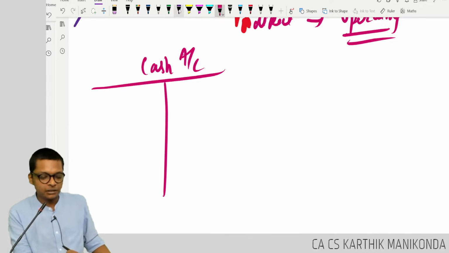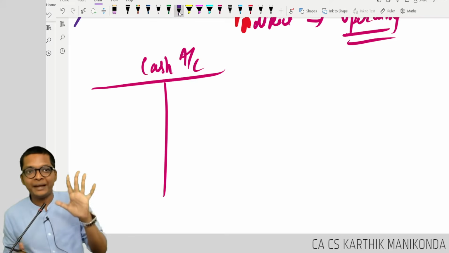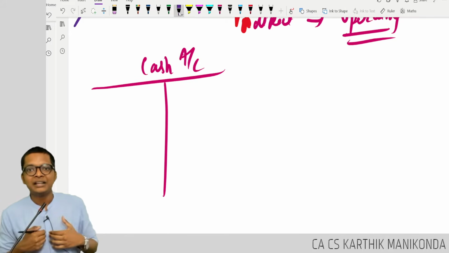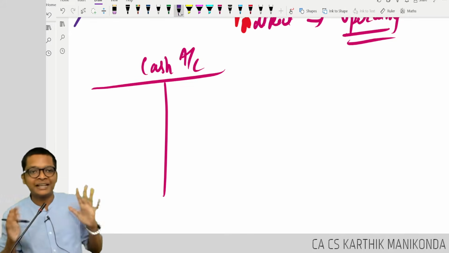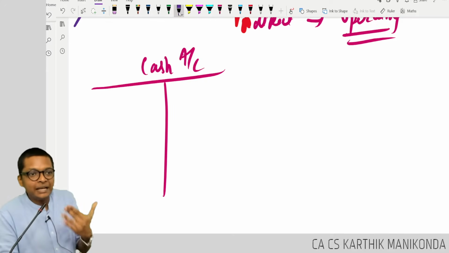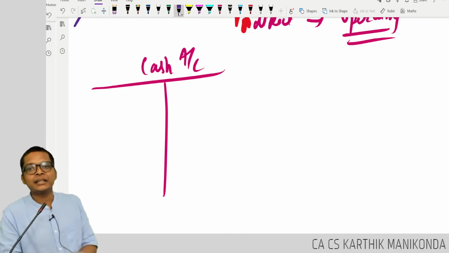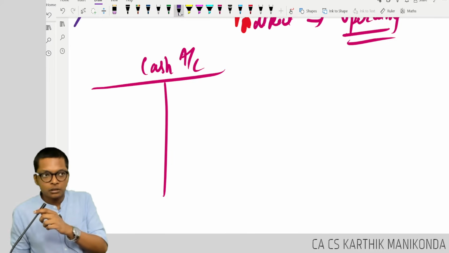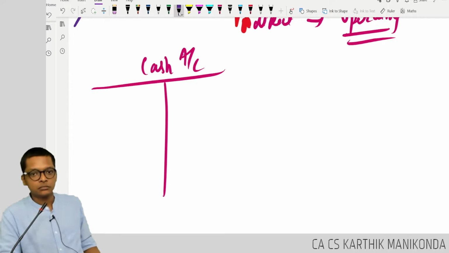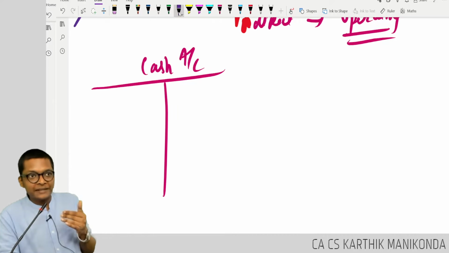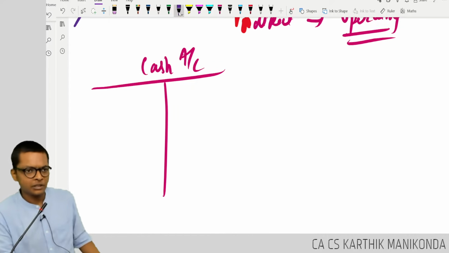Leave that, guys. In reality, in all the questions we saw, the cash account had some 20 or 10 adjustments, correct? In reality, how many adjustments will be there in a cash account? Lakhs or crores? It could be lakhs or even crores of entries, correct?